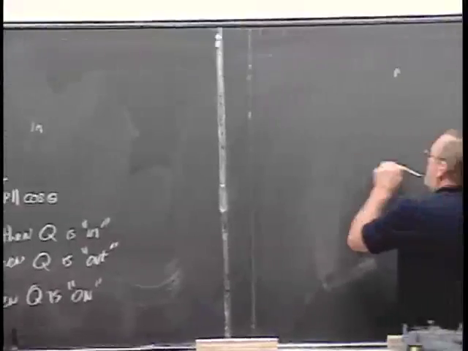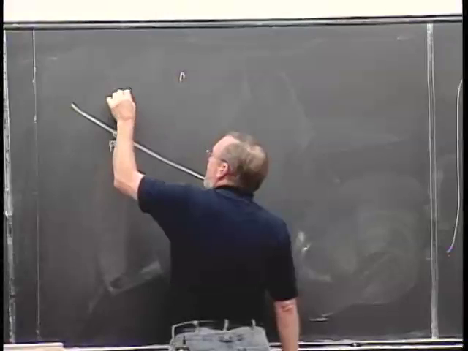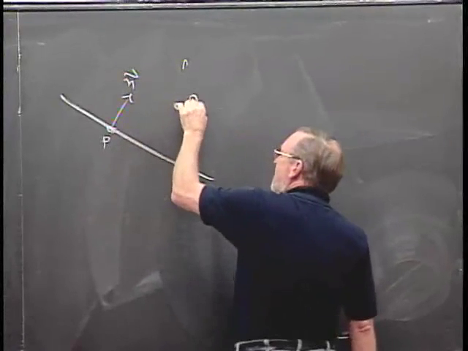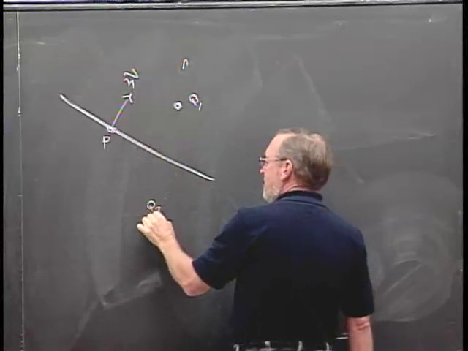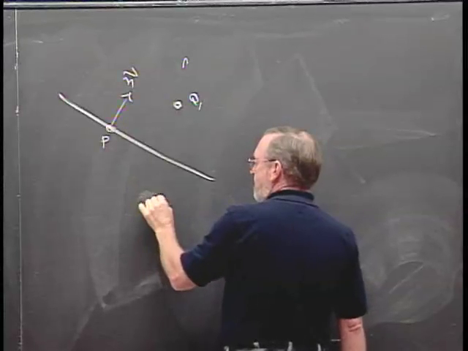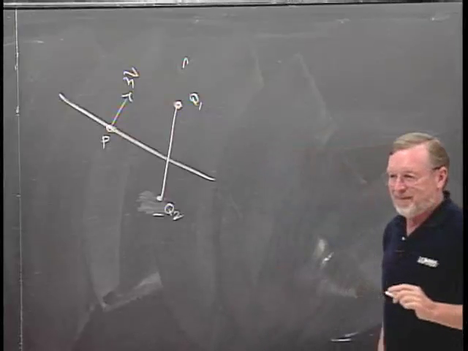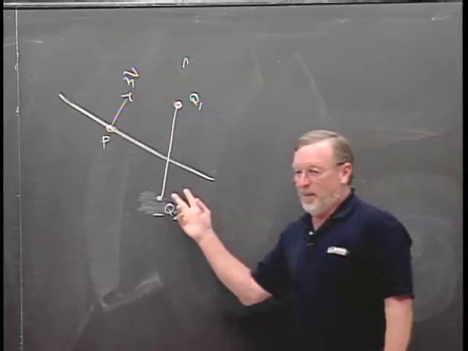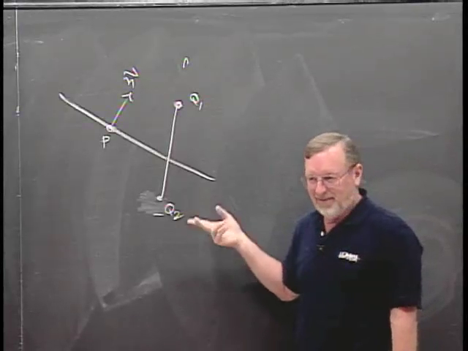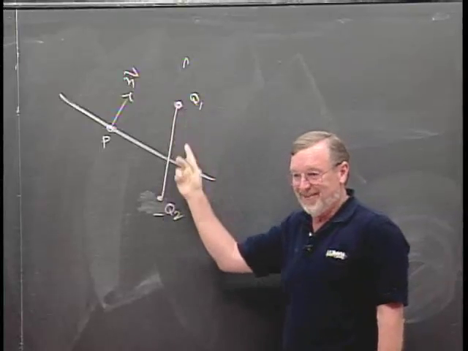Now let's have a little more fun here. Here's P, there's N, here's your plane, and here's Q1 and Q2. And now I want a little bit more info here. I want to know not only if Q1 and Q2 are in, but which portion of the line is in.